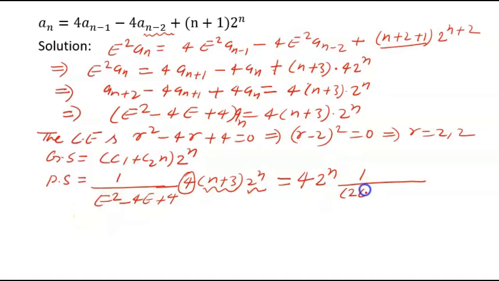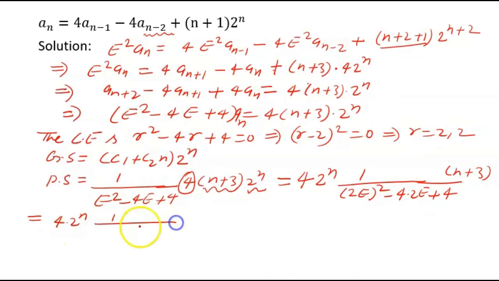So it will become 2E squared minus 4 into 2E plus 4, and then I write n plus 3. So this is equal to 4 into 2 to the power n times 1 by (4E squared minus 8E plus 4), and then we need to apply it on n plus 3.